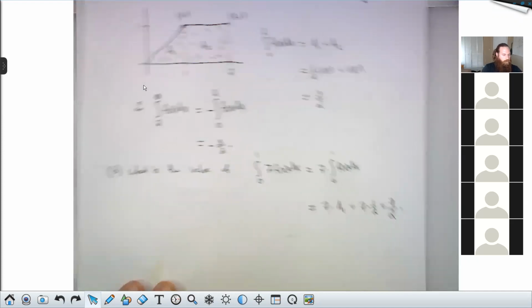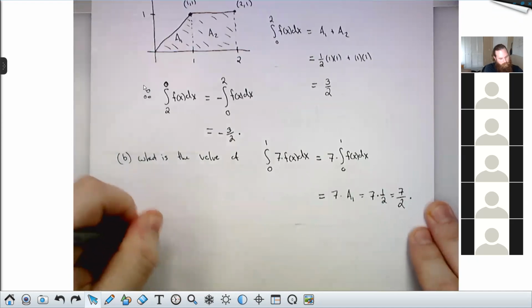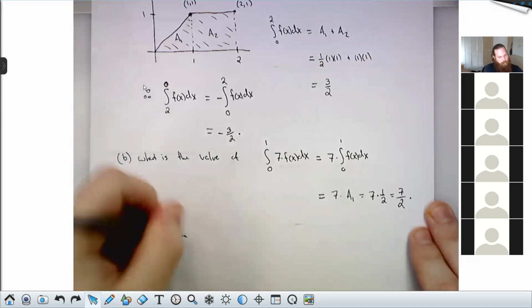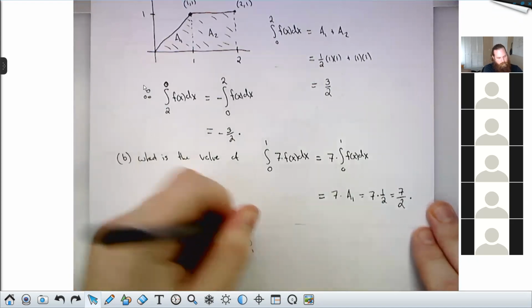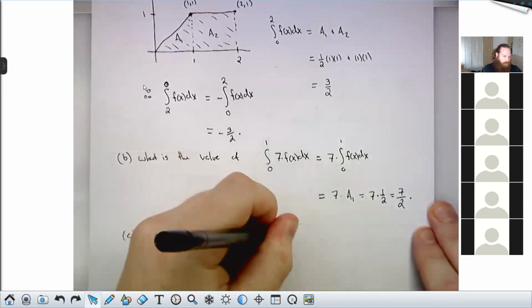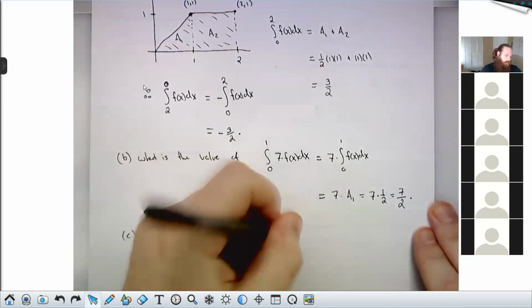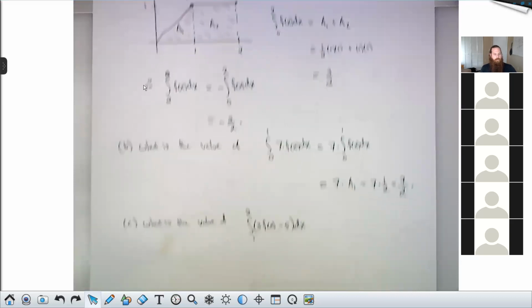All right, then I'm going to try one more here. What is the value of the integral from 1 to 2 of 3f of x minus 5 dx? And again, you see I'm putting the whole integrand in parentheses here. Any ideas how we could get started with this?